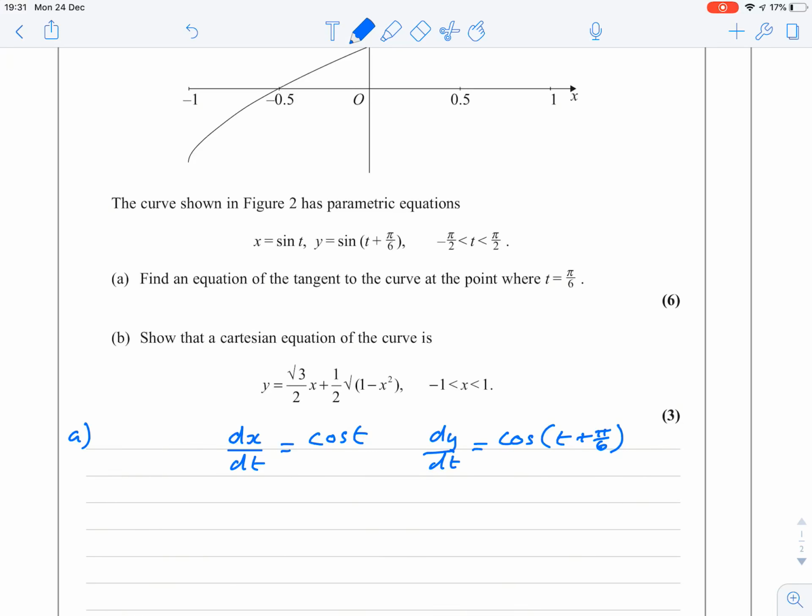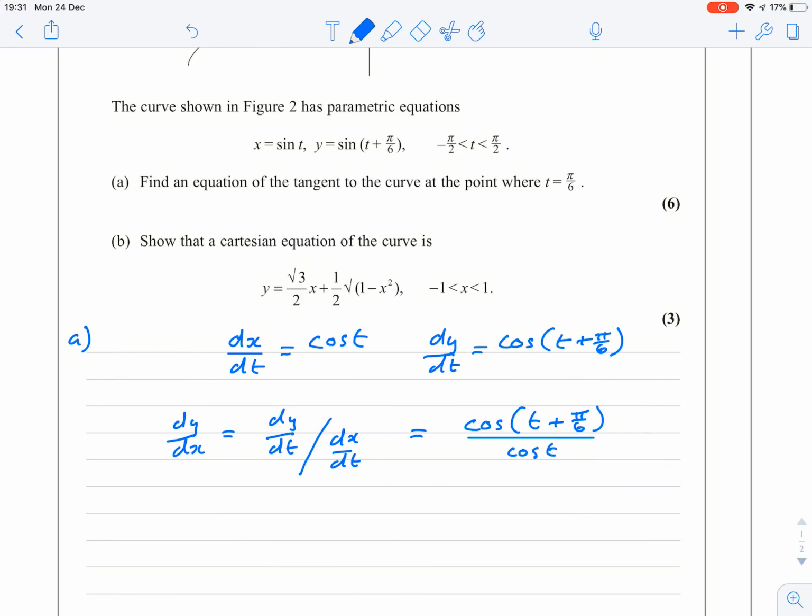Now dy by dx is equal to dy by dt divided by dx by dt. And that gives us cos of (t plus pi over 6) divided by cos t.